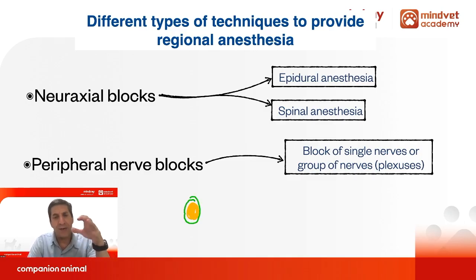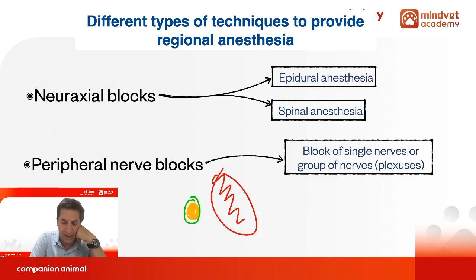Generally, the nerves are between muscles, in intermuscular spaces or between fascial structures. So we have the muscle here, and the needle should pass through the muscle and reach the perineural space to make the injection.